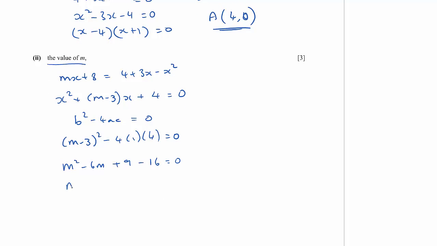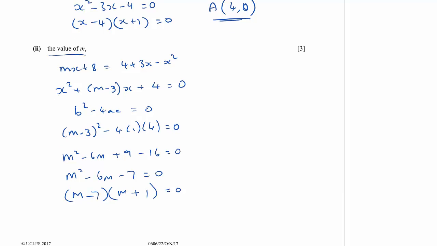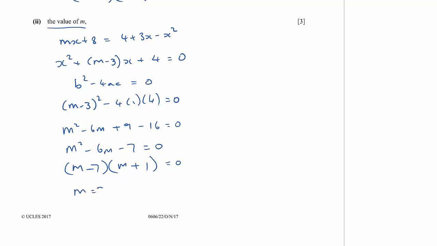So that's m squared minus 6m minus 7 equals 0. And so m and m, 7 and 1, minus and plus. So m equals 7, or m equals negative 1.